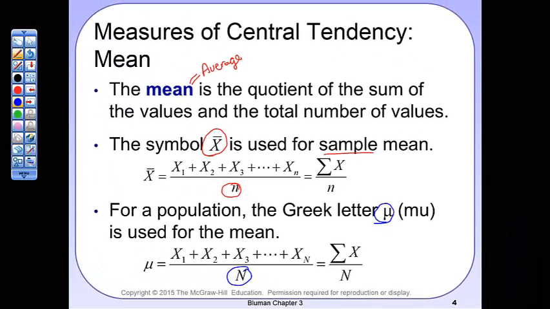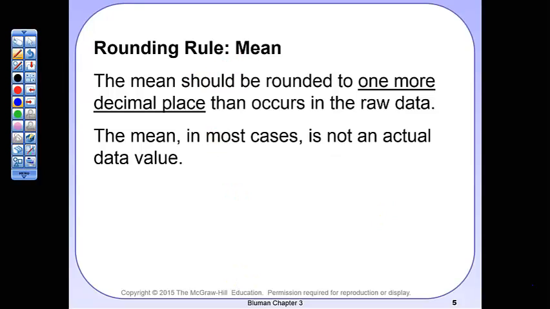A symbol here that you will want to get used to is this Greek symbol sigma. It means that we're going to sum everything up. This is a sigma, that we sum everything up. And so that just means that we've added everything together. For the mean, we want to round things to one place more than our data.